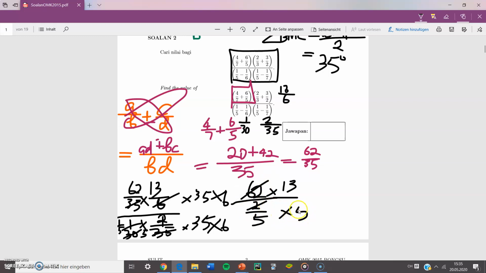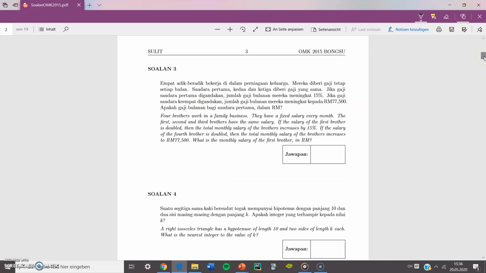For this one, we just multiply the denominator and the numerator by 5, so this one cancels out. This one is 31. 31 times 13 times 5. It's a very beautiful number, coincidentally the year in which the competition was held. So 2015.